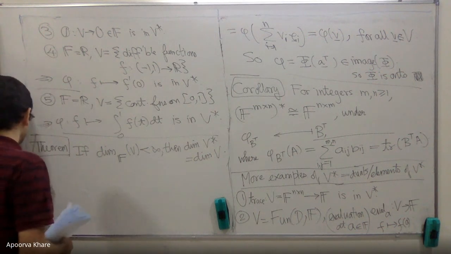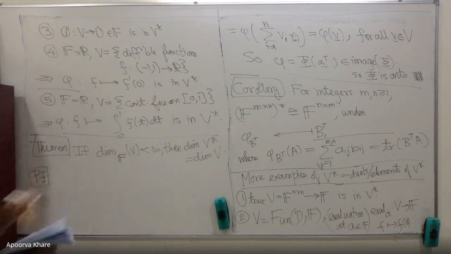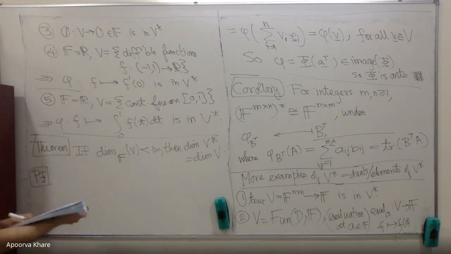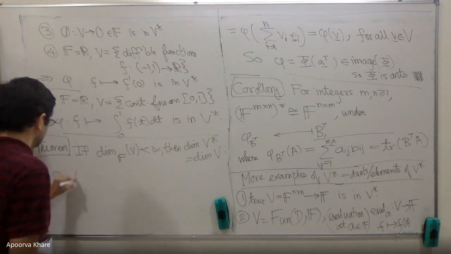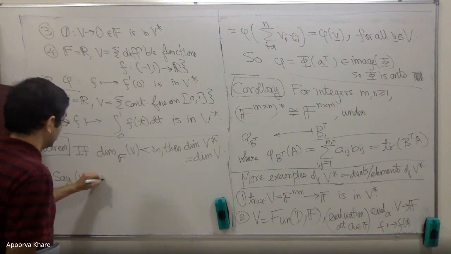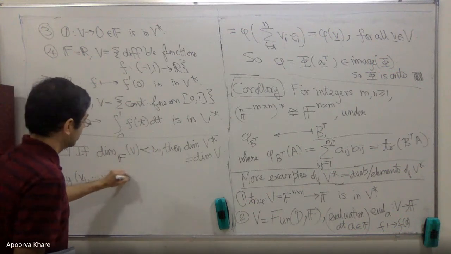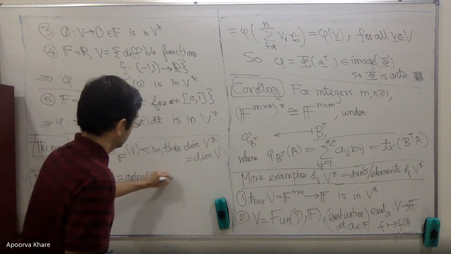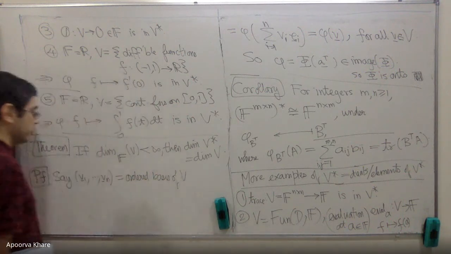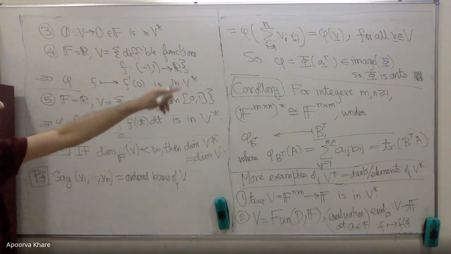Proof. So let's fix a basis. The dimension is finite, so we can fix a basis of V. That's in fact an ordered basis, say v1 through vn is an ordered basis of V. Then I can talk about an isomorphism, right?